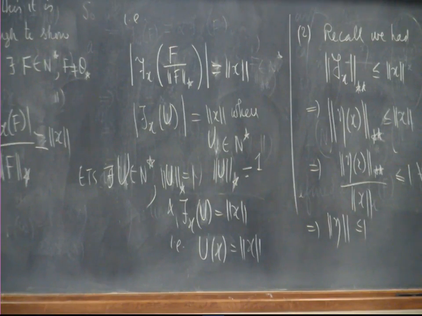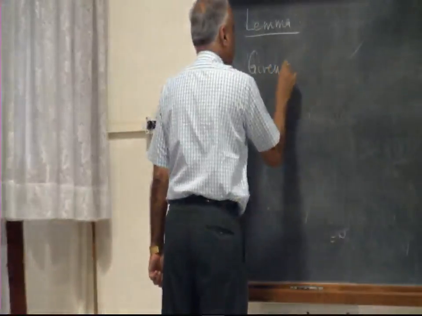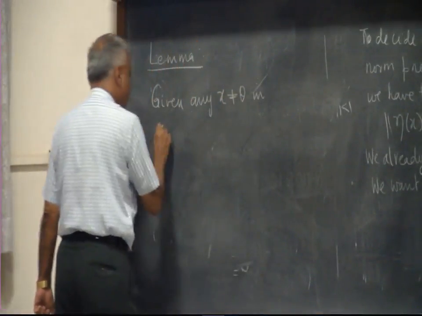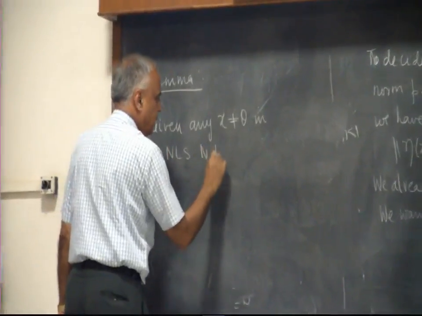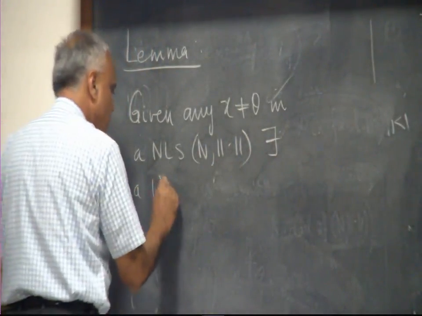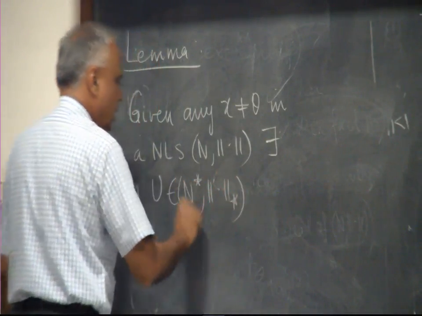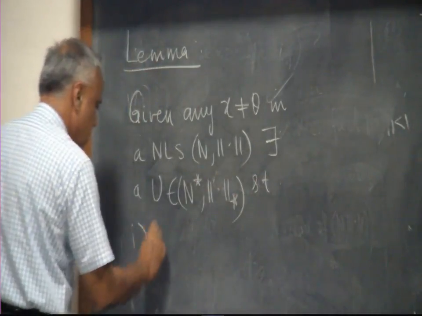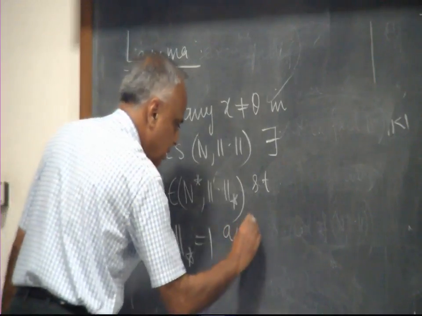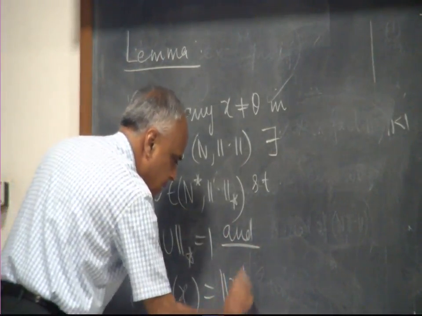So, lemma: given any x not equal to theta in a normed linear space N, there exists a U in N star such that 1, the norm of U is equal to 1, and 2, U of x measures precisely the length of x.